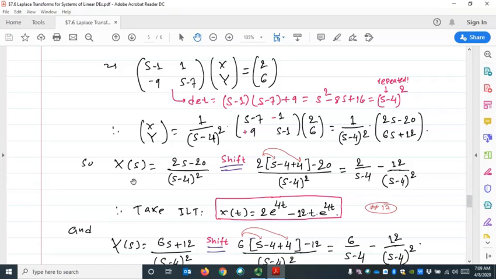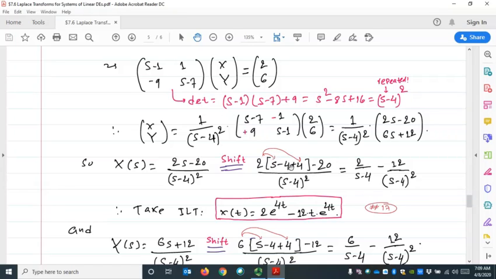So let's solve for capital X first. Capital X equals 2s minus 20 over s minus 4 square. So now here the shift is 4 down here, but there is no shift in my numerator, so we have to force the shift on the numerator first. So let's put the shift: 2 times s minus 4 plus 4 minus 20 over the same denominator.